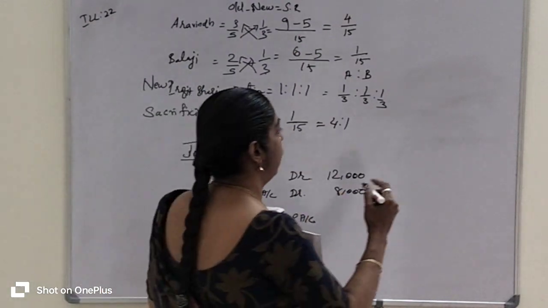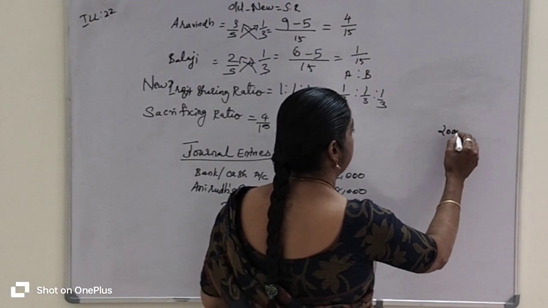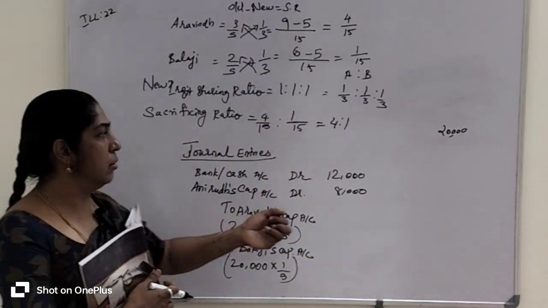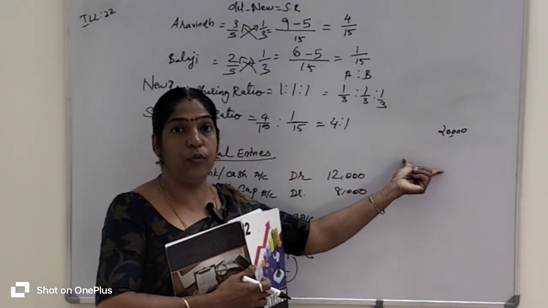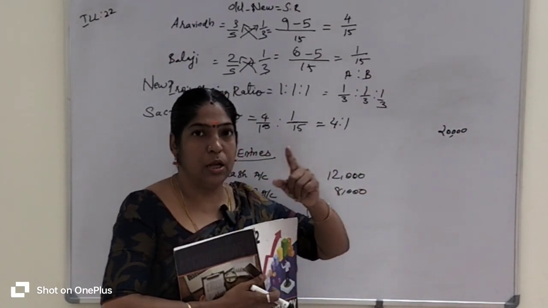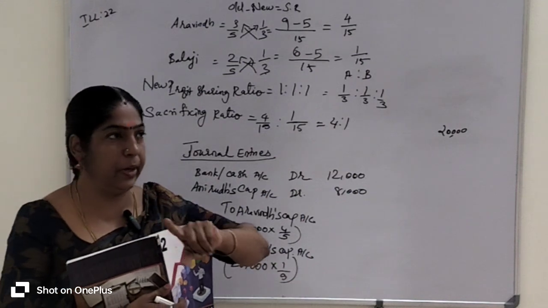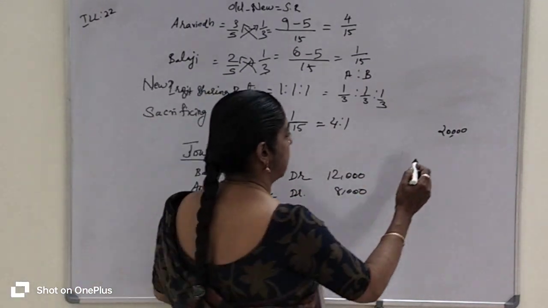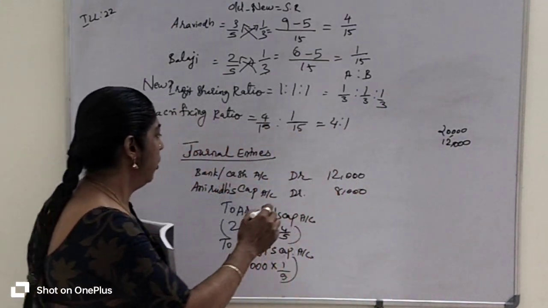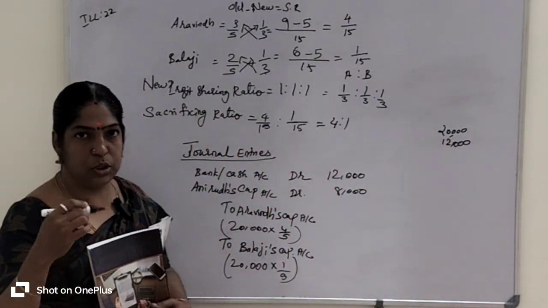Total value of goodwill is 20,000 rupees. Anirudh, the new partner's goodwill value is 20,000 rupees. From this 20,000 rupees, new partner Anirudh only brings 12,000 rupees cash towards the goodwill. So what is the journal entry? Cash comes into the business.